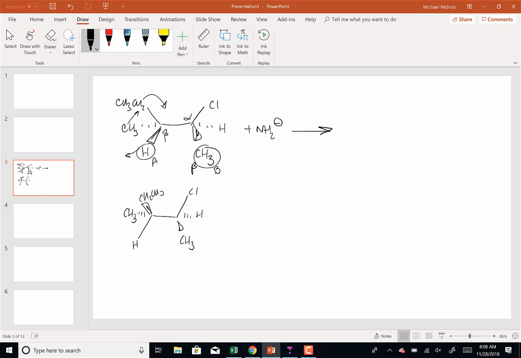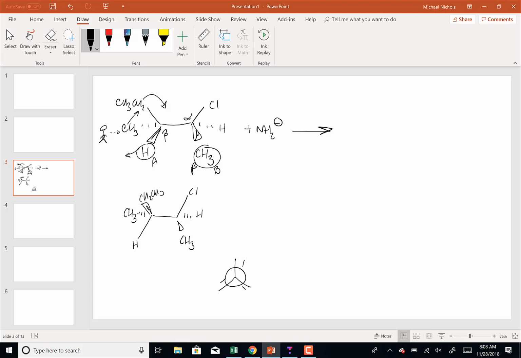If you don't like that approach, then recognize that the original molecule here, if I take a look down the carbon-carbon bond, is that staggered or is it eclipsed? Eclipsed. So if it's eclipsed, that means that it's going to start like this.